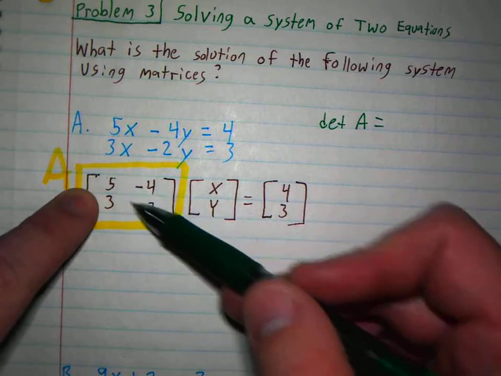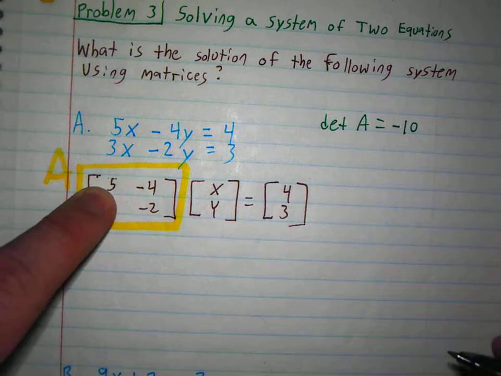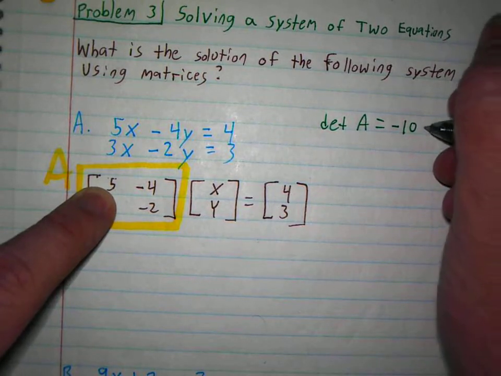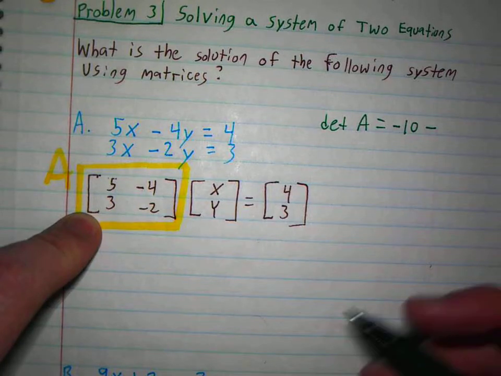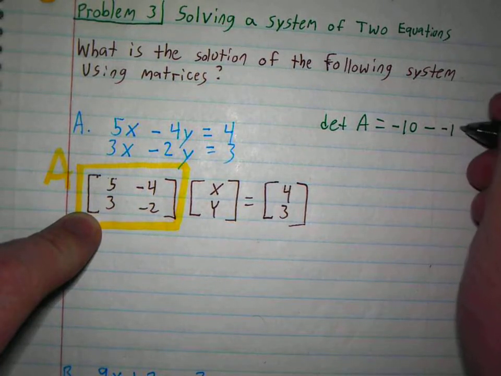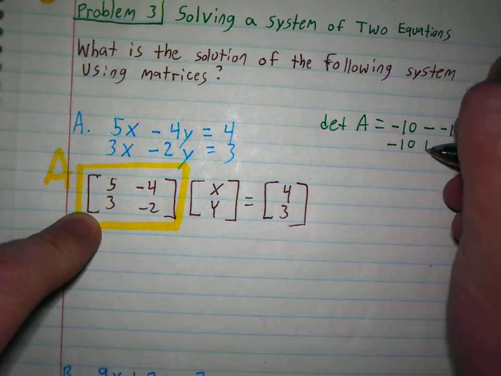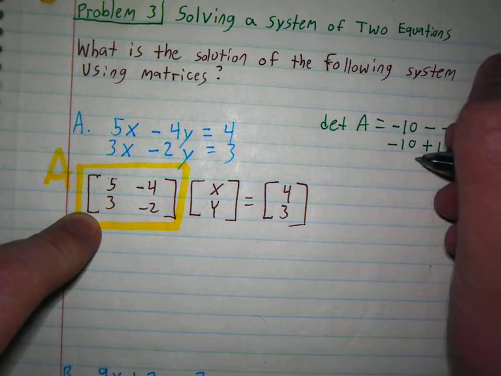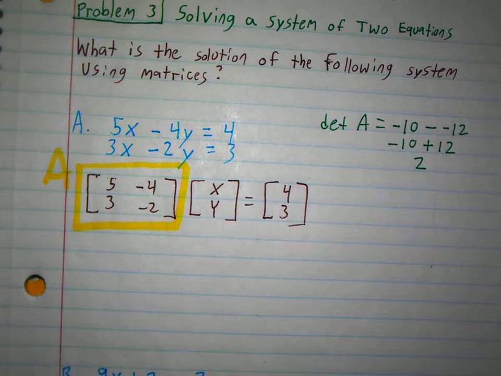Yeah, you take 5 times -2. And is it plus or minus? Minus. And then 3 times -4 is -12, which is the same thing as -10. 2 negatives make a plus 12, which is 2. So yes, I can find the inverse. Okay? So now I need to find A inverse.